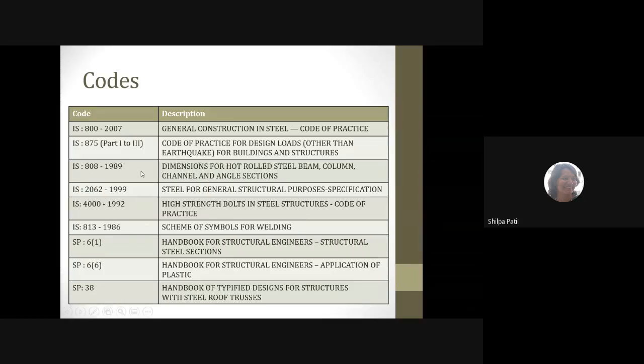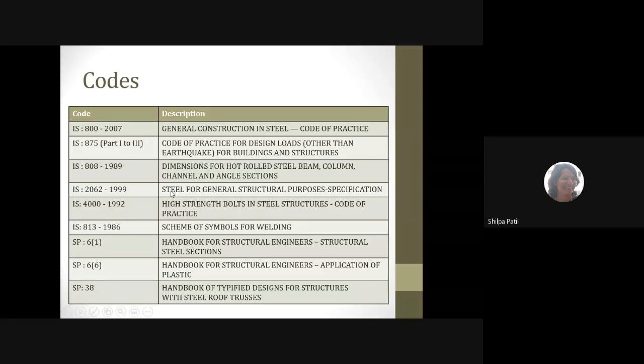IS 808 represents the dimensions of hot rolled steel sections. Instead of IS 808, as we discussed in the previous lecture, you can go for the steel table, which is available in the market. Or instead of this, you can go for SP61. This SP61 also gives the properties of the structural steel section.